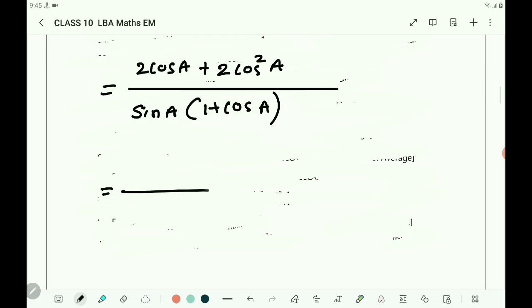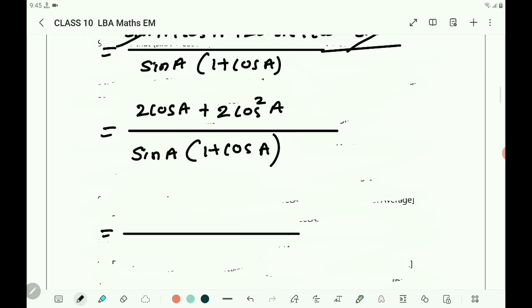Here you can remove 2 cos A common, since 2 cos A plus 2 cos square A is there. So you can write 2 cos A outside.